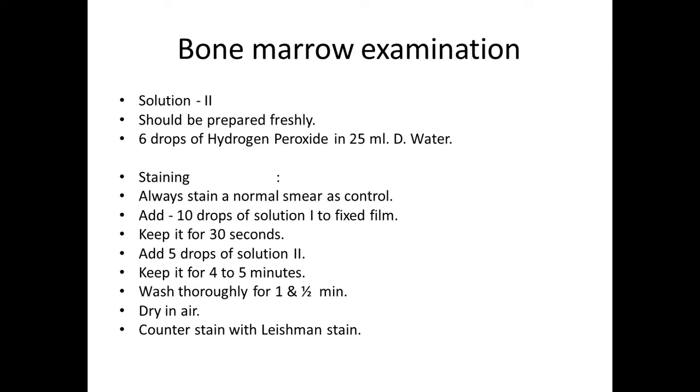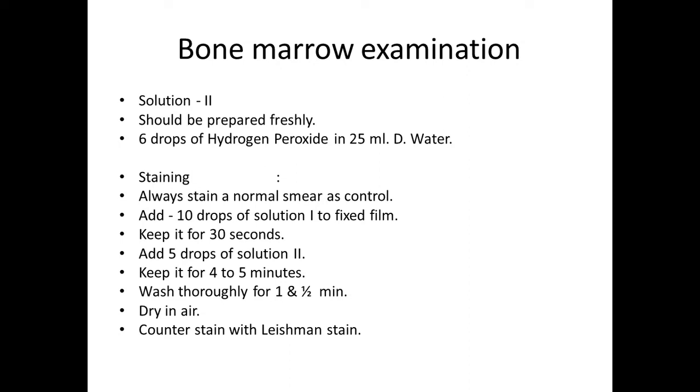We take a normal blood smear as a control, and the bone marrow smear which is to be stained. We take the fixed bone marrow smear and a normal smear which is also fixed. We cover the smears with 10 drops of solution 1.